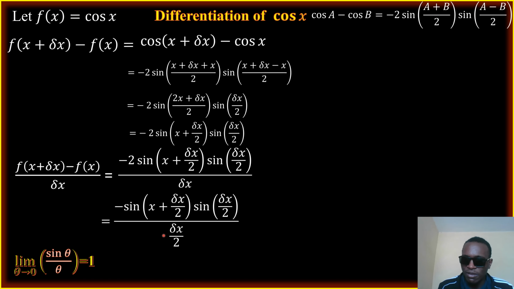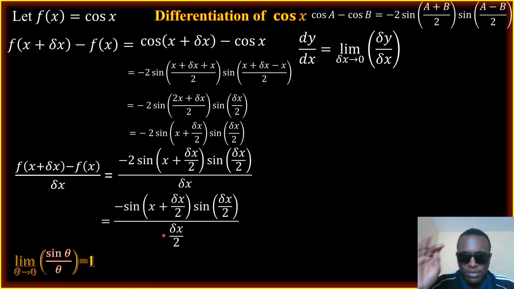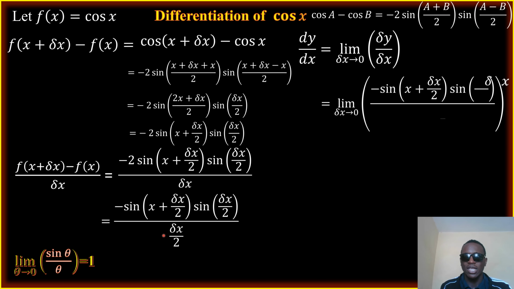Okay, then finally we now have to take the limits, because it's the simplest form. We now have to take the limit of this expression. The limit as delta x tends to 0 of the gradient delta y on delta x. Delta y on delta x is this expression here. You copy and paste, don't change it. Very simple like that.